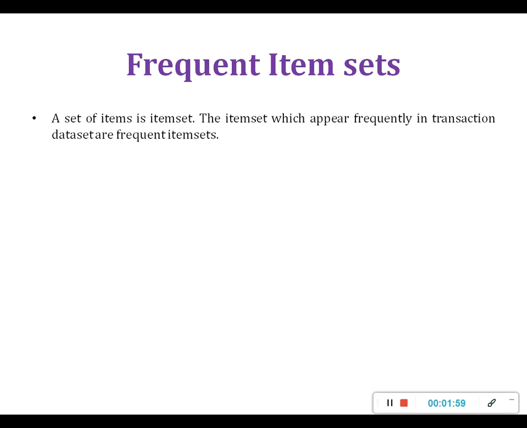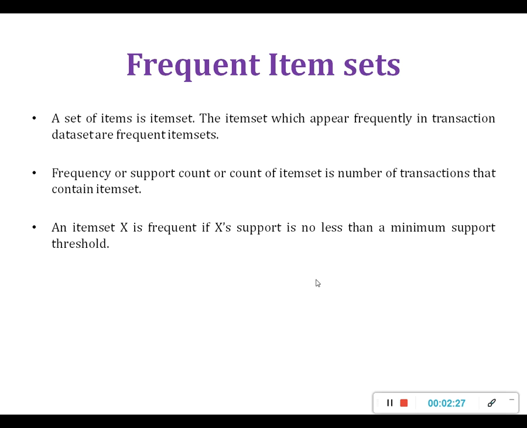But if you want to check a set of items, for example butter and bread, that item set contains two items, and we check how many times this combination, bread and butter, comes in the transaction data set. Here we are going to term it as frequency, or support count, or count.